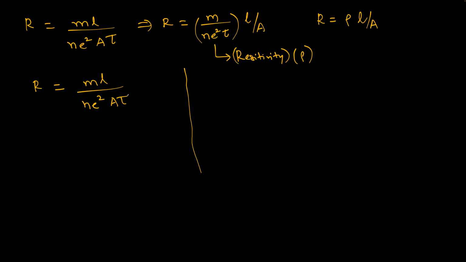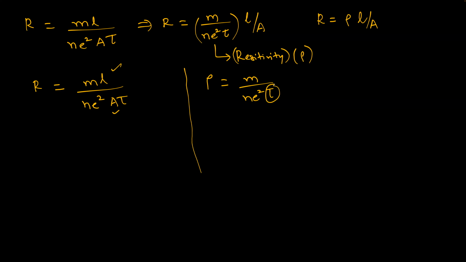It is dependent on the length and area of cross section of the conductor. Whereas resistivity is equal to m divided by n e square tau. So resistivity depends only on the temperature changing parameter, which is the relaxation time.